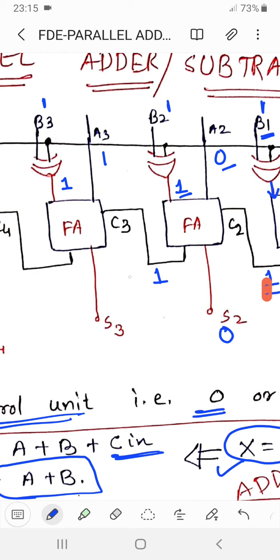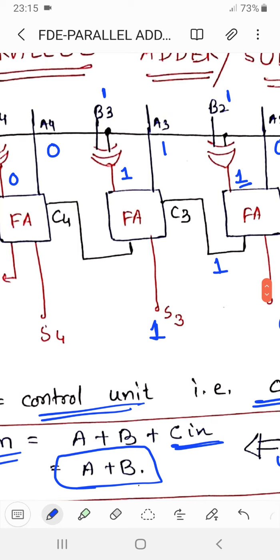Here the carry is 1, so 1 plus 1 plus 1 gives me the sum 1, and because of the three 1s, I have a carry in this stage also.